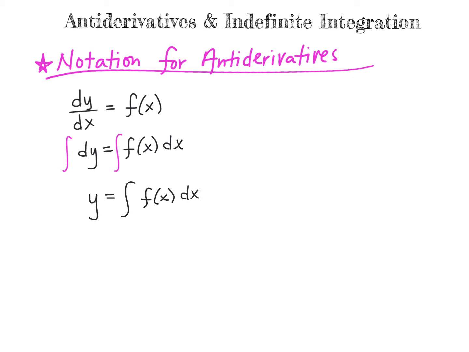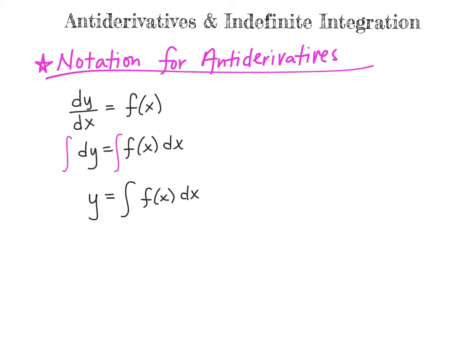Now, this is called an indefinite integral because, as we'll see later, there could be numbers here and here. And since there are no numbers on the integral symbol, it's called an indefinite integral. Once we see numbers there, that'll be a definite integral. But as for right now, this is saying what is the antiderivative of the function f of x with respect to x.